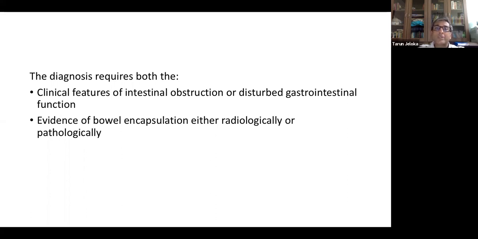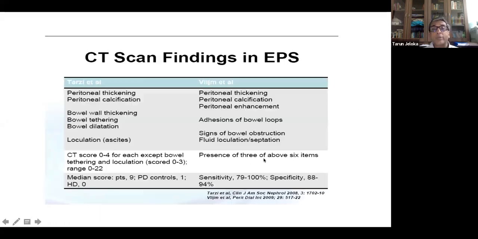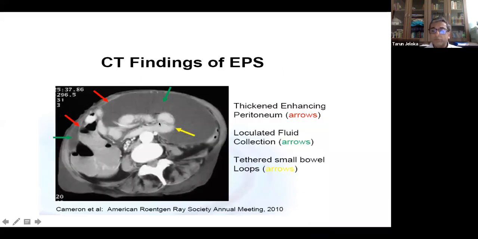How do you diagnose? Both clinical picture and radiological imaging are mandatory. Clinical picture is mostly of intestinal obstruction, and radiologically you can do ultrasound, but CT is more definitive. What you see in CT is, let's go back and okay, here.